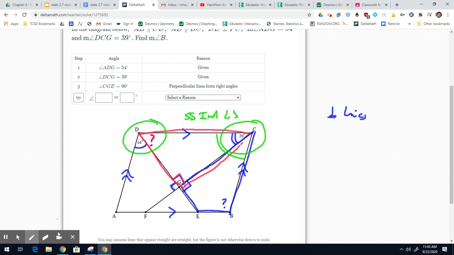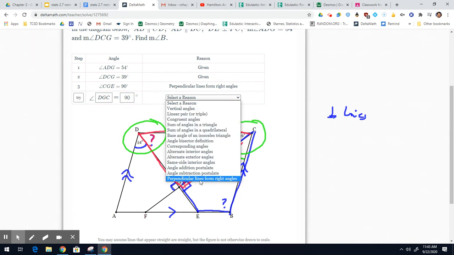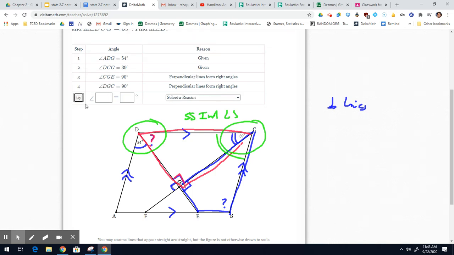So let's go back to my red step. First off, I want to say that this angle, it's called DGC, is a right angle. So DGC is also 90 because of perpendicular lines. Okay, so that's true. So now up here, to find this angle, we'll call it GDC, I'm going to use the fact that I have a triangle, and I know that two of the angles are 90 and 39.